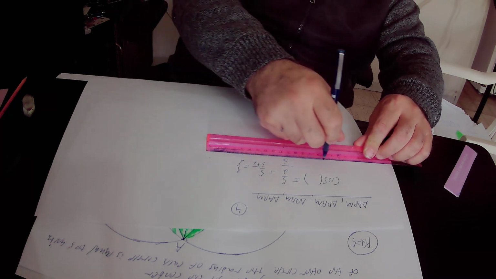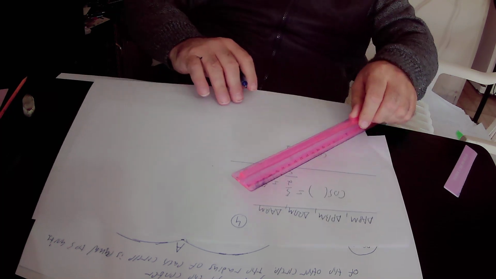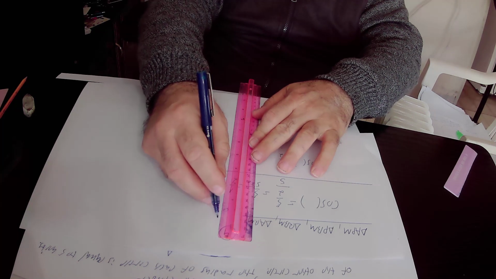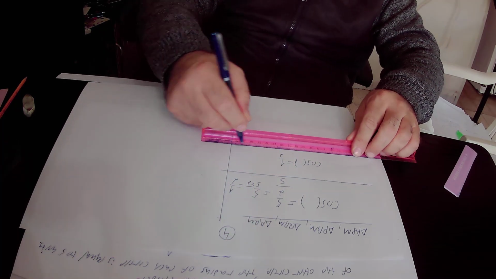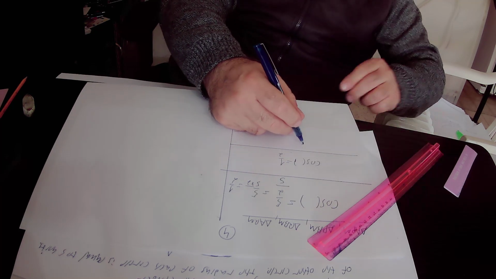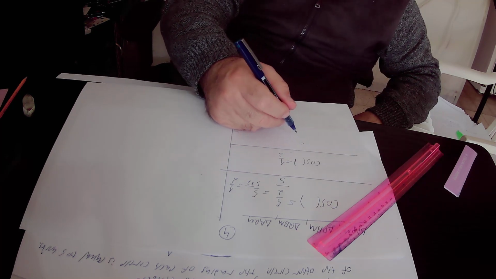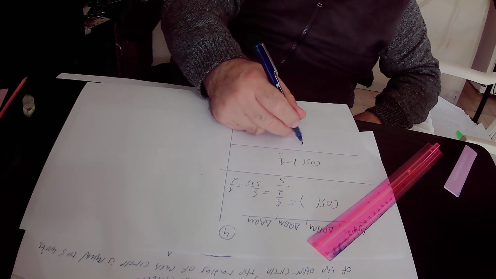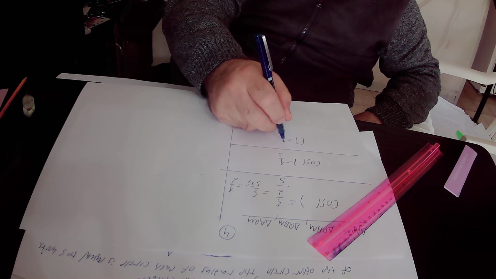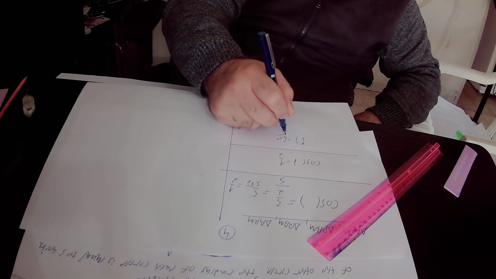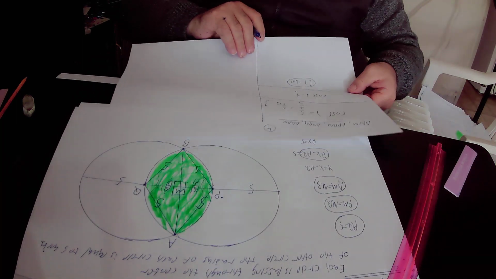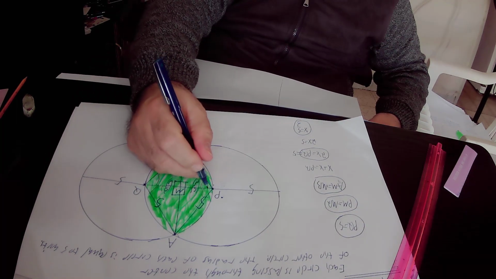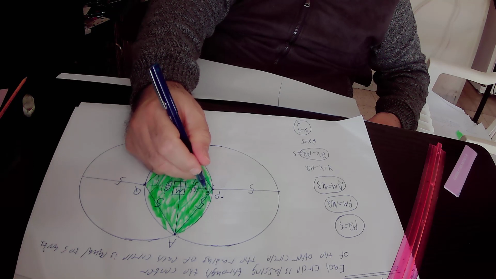And if the cosine of an angle is equal to 1 over 2, it means that the angle itself is equal to 60 degrees. So the four angles are equal to 60 degrees. Each of them is equal to 60 degrees. So we can write down that angle APM is equal to 60 degrees.